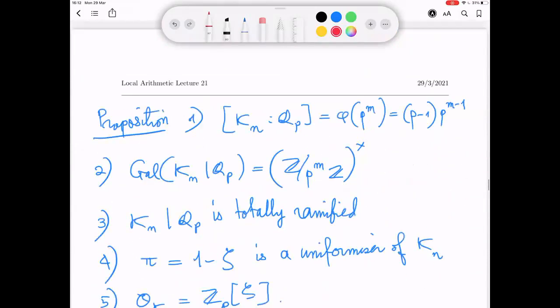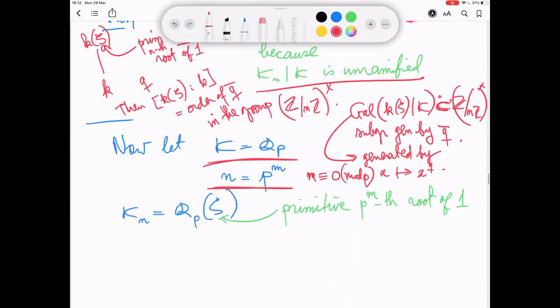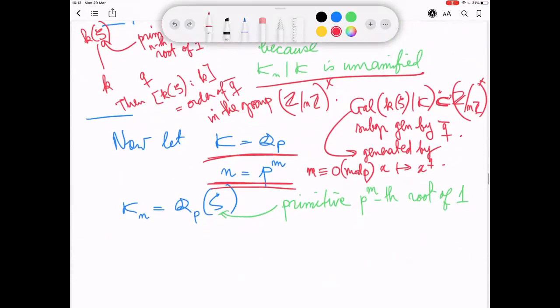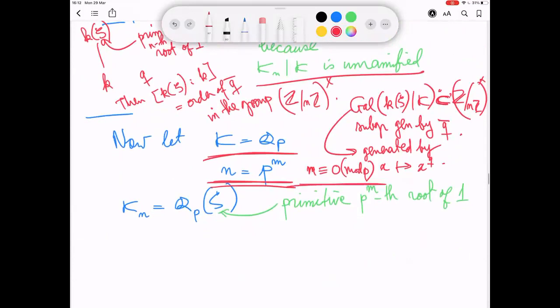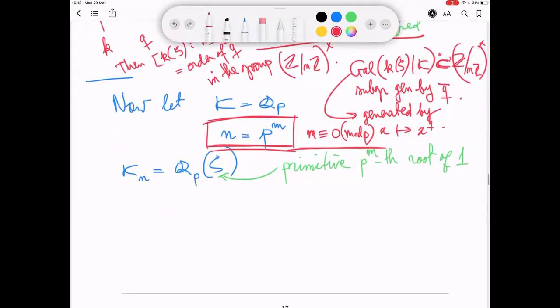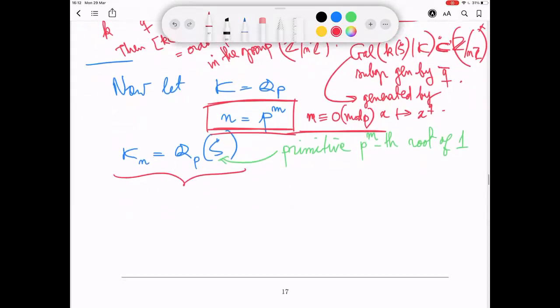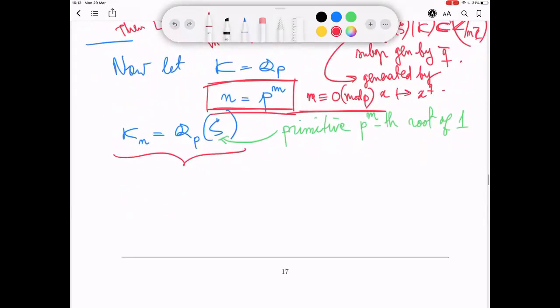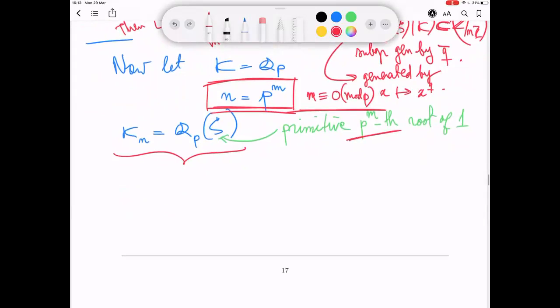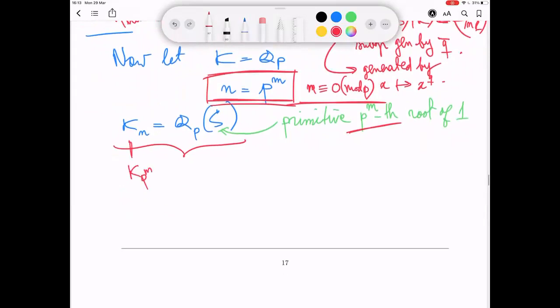And now let's see what happens when I adjoin nth roots when n is divisible by p, not just divisible by p, it's a power of p. Let's call it K_n. K_n is Q_p(zeta), where I'm adjoining a primitive p^m-th root of unity, or K_{p^m} is another notation for the same thing.